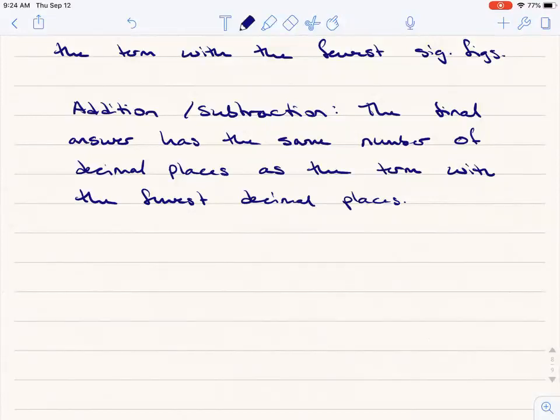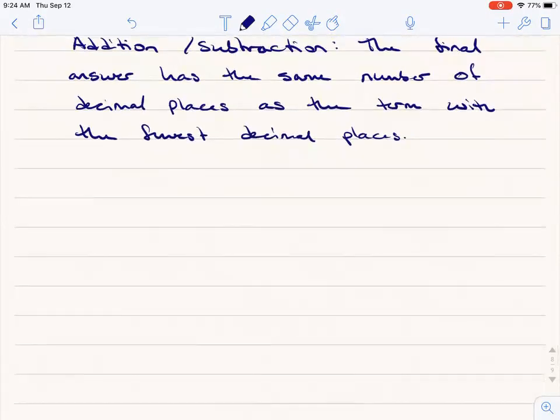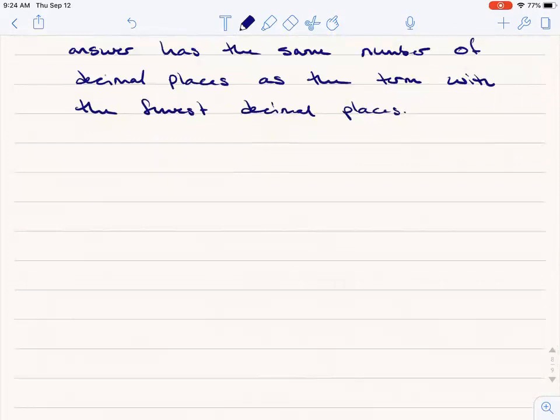Okay, so roots, radicals, and powers. So basically everything else. The final answer has the same number of sig figs as the number. Oh, joy.